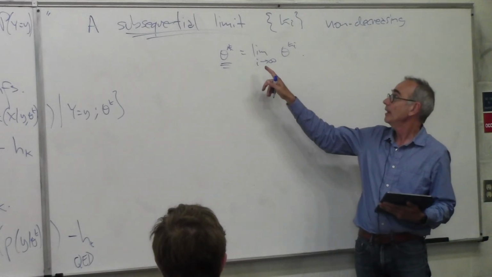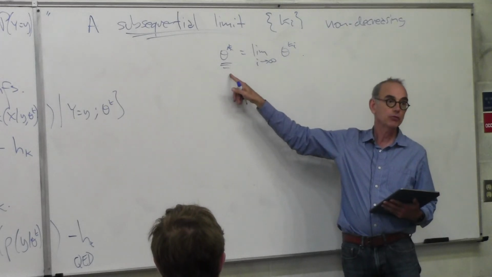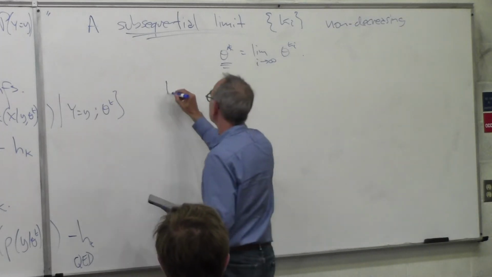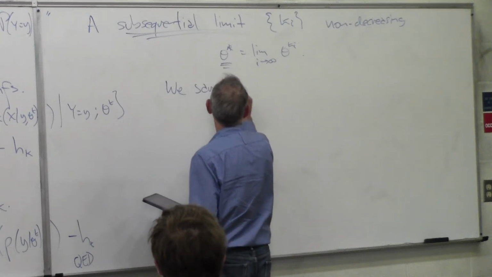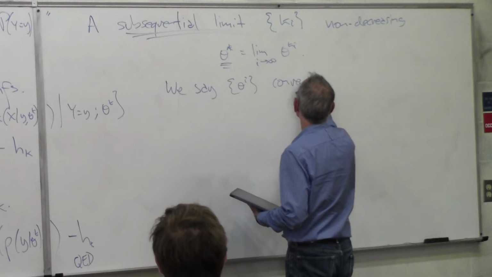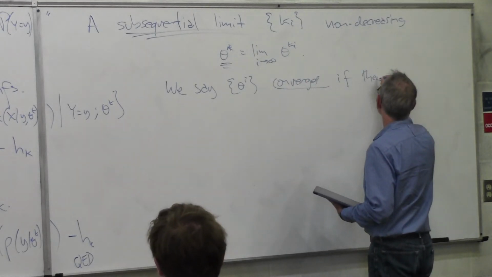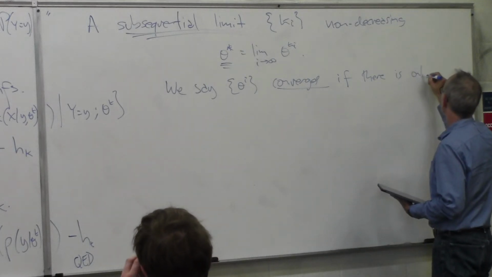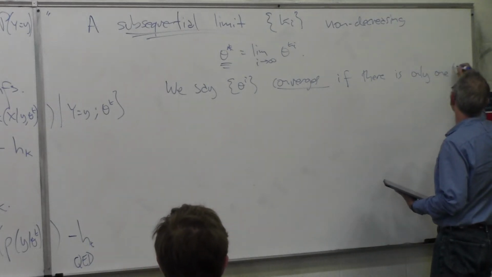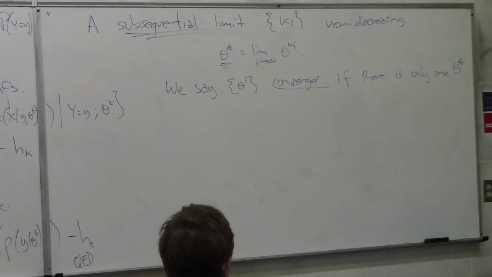Basically, the sequence converges if there's only one possible subsequential limit. I bet there are examples out there where it doesn't converge. I don't know, it's a big literature.